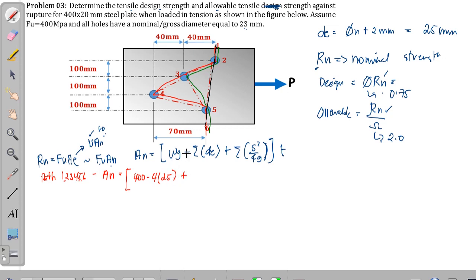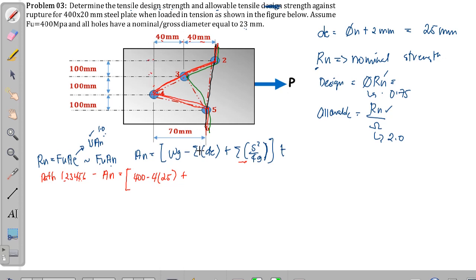Okay? Plus, ito, dito na tayo sa staggered. So, sa path 1, 2, 3, 4, 5, and 6, yung 2, 3 staggered, yung 3, 4 staggered, yung 4, 5 staggered. Okay? So, pagka tinitignan natin, yung 2, 3, tsaka 3, 4, parehas yung S niya, 40, parehas yung G niya, yung gauge niya, 100.